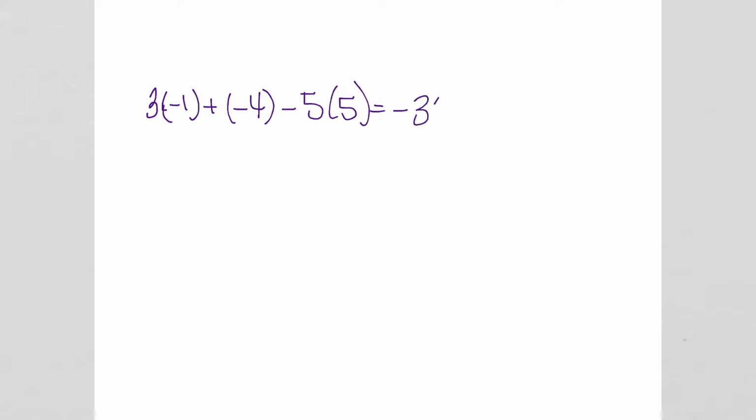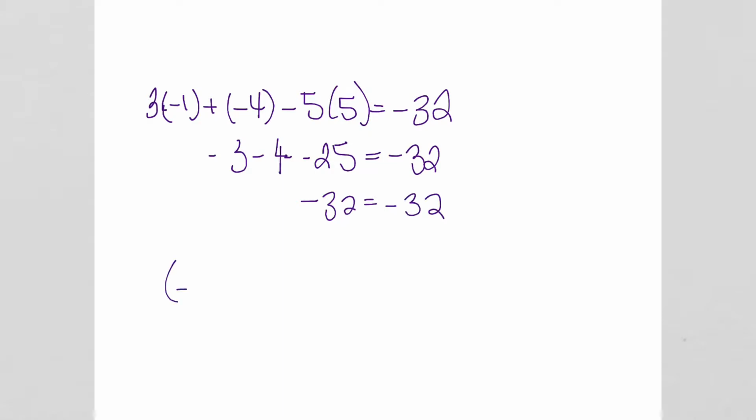Does that equal negative 32? So we have negative 3 minus 4 minus 25, and that does equal negative 32. So that means that this point, negative 1, negative 4, 5, is a solution to our system.